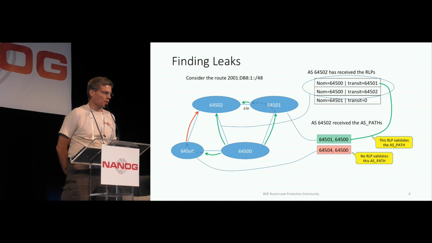So he's going to look at 64500, and say, do I have any RLPs for 64500? Yes, I do. That's the first two there. And is 64504 in the list of transits? No, it's not there. We have 501, we have 502, but we don't have 504. So 504 is a leak because it cannot follow from 500.